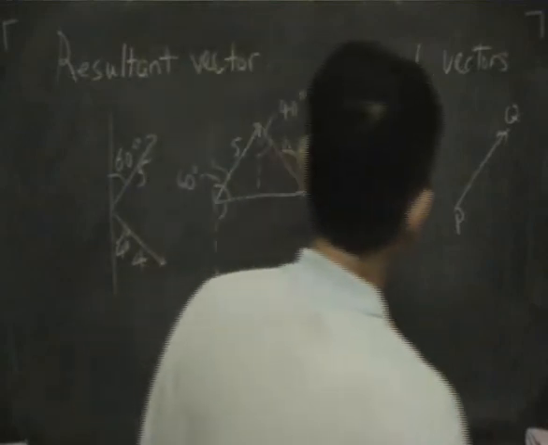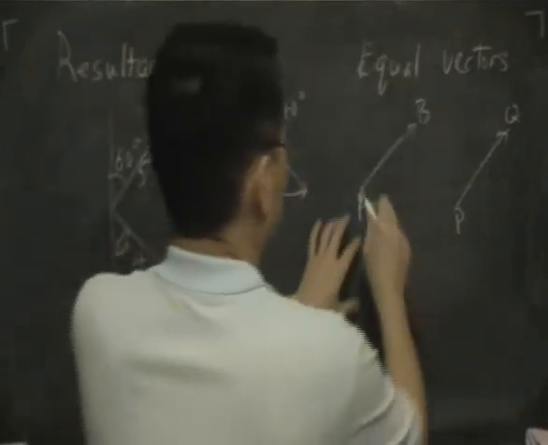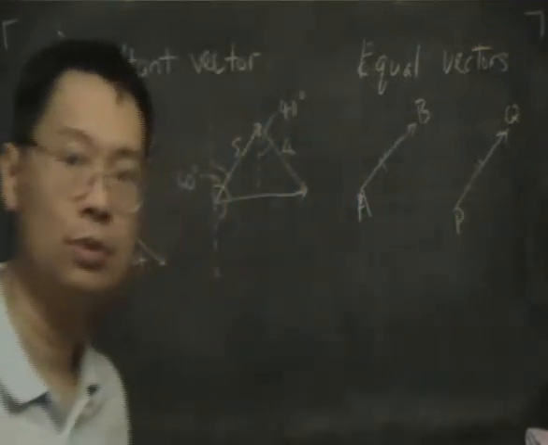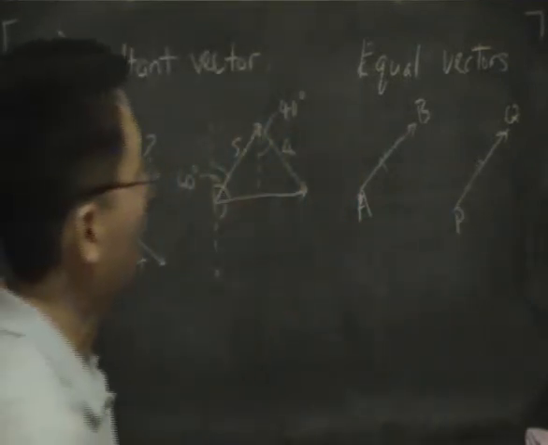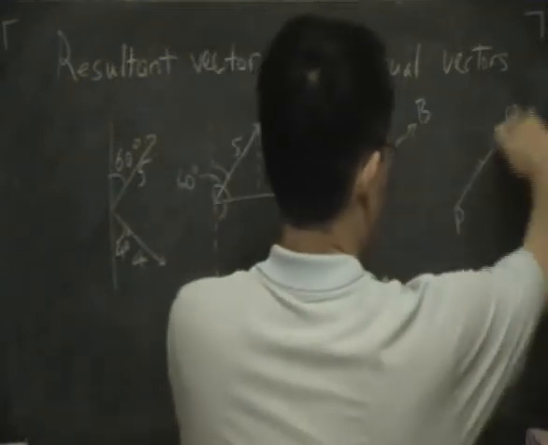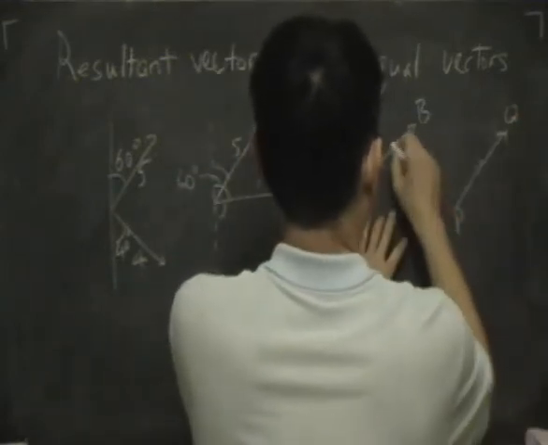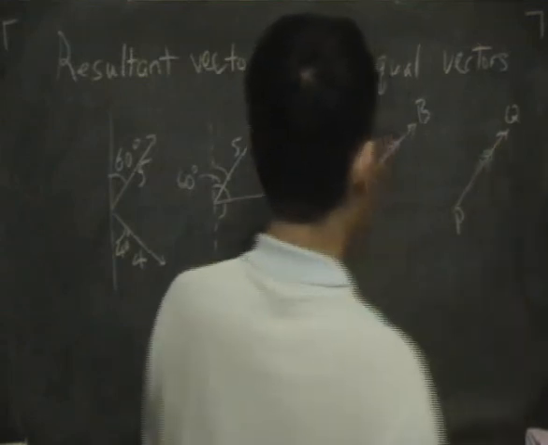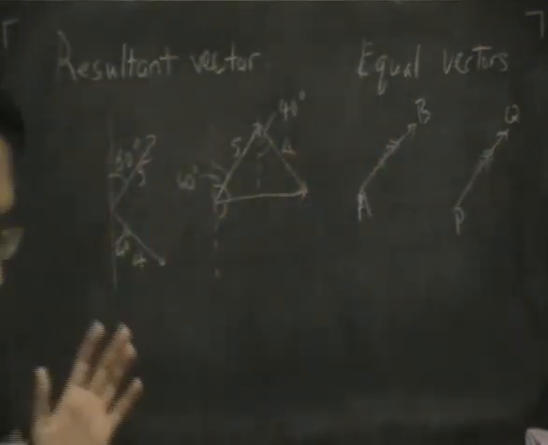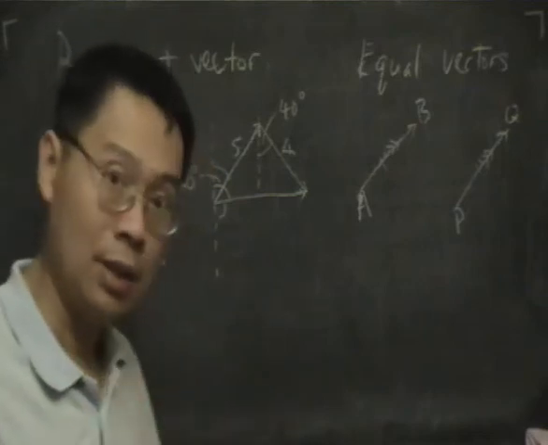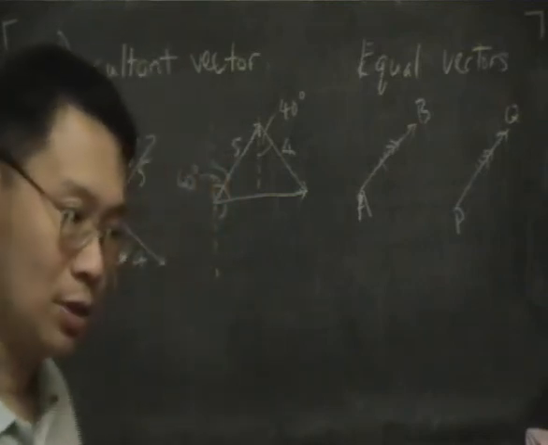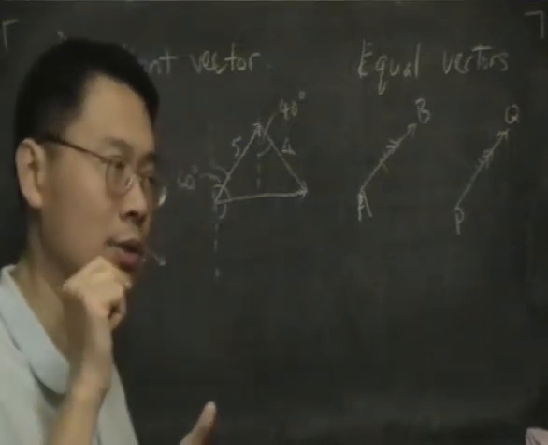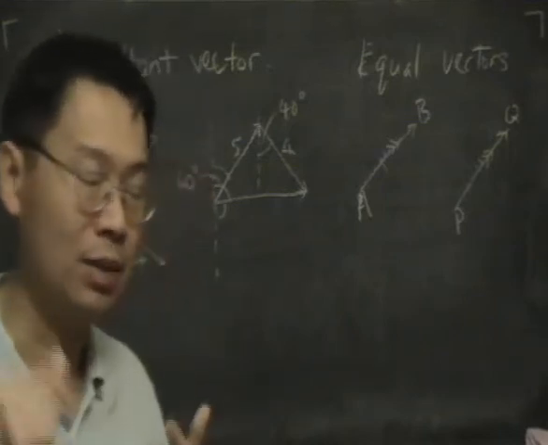Now, suppose that these two vectors have the same magnitude, so the same length of the arrow, and suppose that they are parallel, that they are pointing in the same direction. Now, as I said just now, a vector is described by its magnitude and its direction.